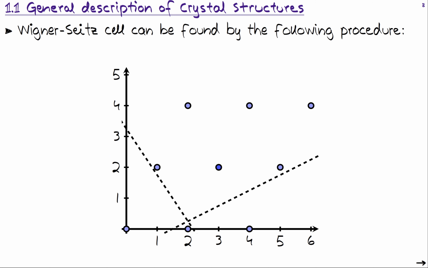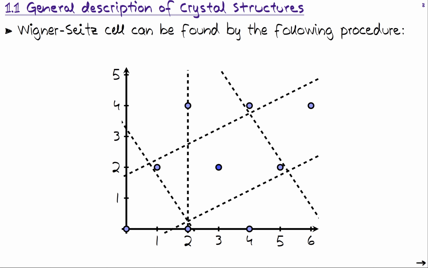And then I repeat this procedure for all of the nearby lattice points. I'm drawing a line between the two lattice points, and then in the midway of this line, I'm drawing a plane that intersects this line. And then I'm repeating this procedure for all the points that we have.